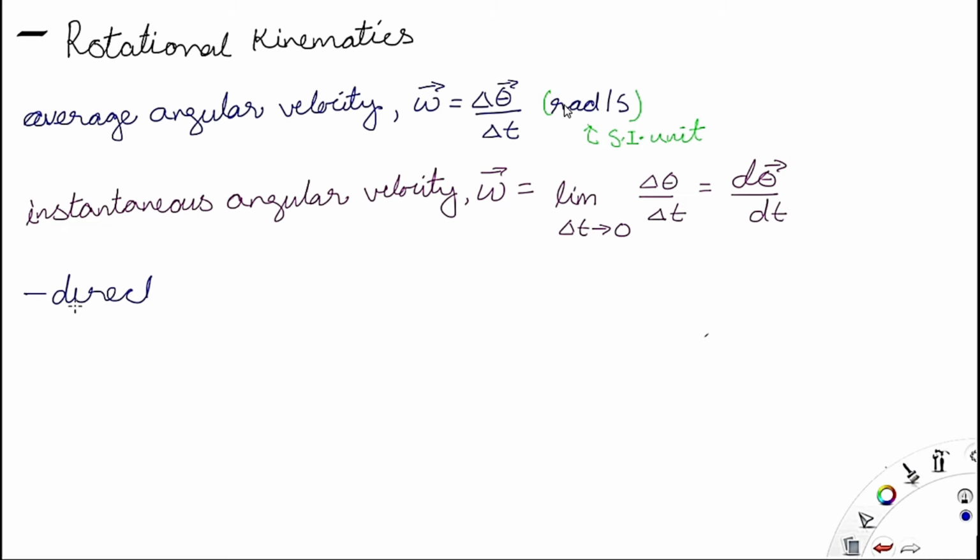The unit is radian per second. Instantaneous means at that instant what is the angular velocity. So instantaneous angular velocity omega is the limit as delta t tends to 0 of the average angular velocity, so d theta by dt gives you the angular velocity at that instant.